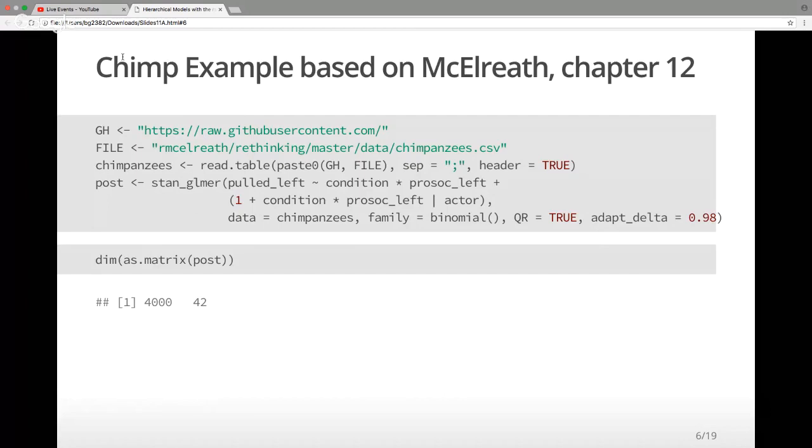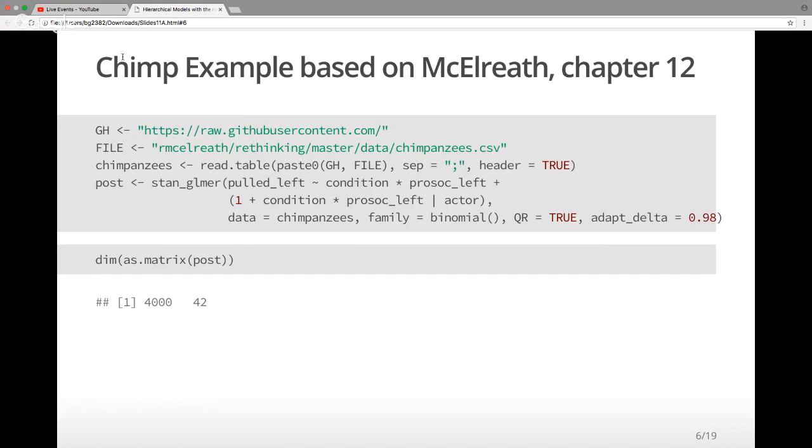But we can just as well think of it from a Bayesian perspective, with prior beliefs about how much the intercept and the coefficients vary from one chimp to the next. And this certainly generalizes to other situations in which it doesn't make sense to think about the levels of this factor as being random draws from some population of chimps or schools or whatever it may be.